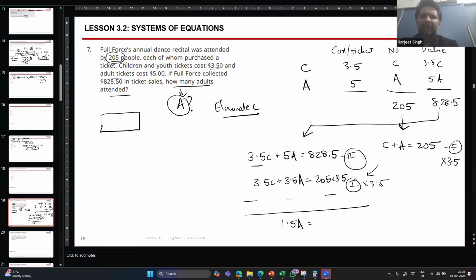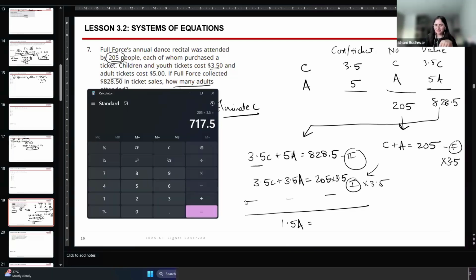I still don't see it. So we were doing it on a calculator. Oh, okay. I see it now. So did you solve it? What did you get? No, I didn't solve it yet.